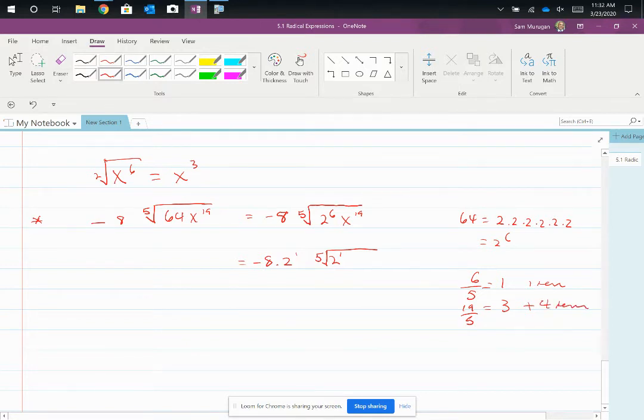So this is x to the power 3 and 4 remaining. So this is -16 x cubed, the 5th root of 2x to the 4th power.